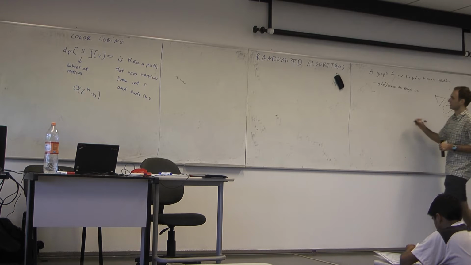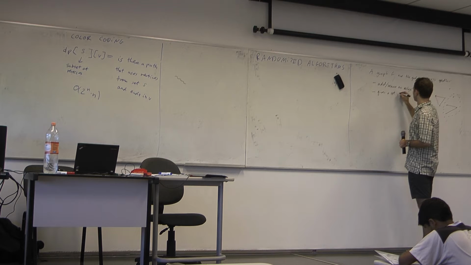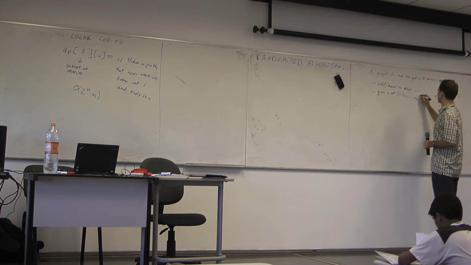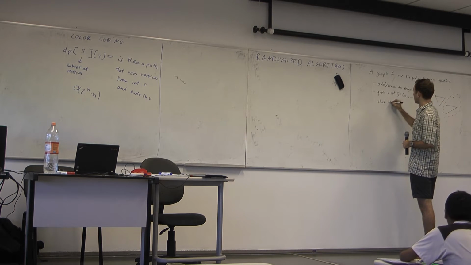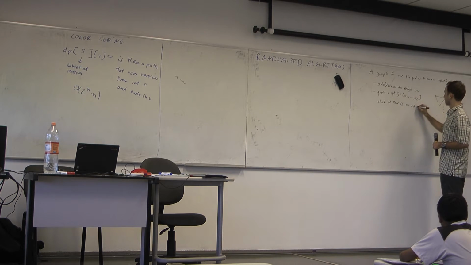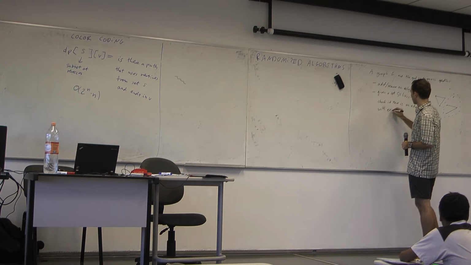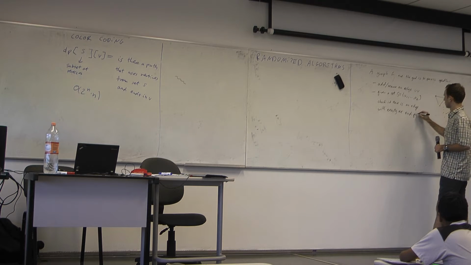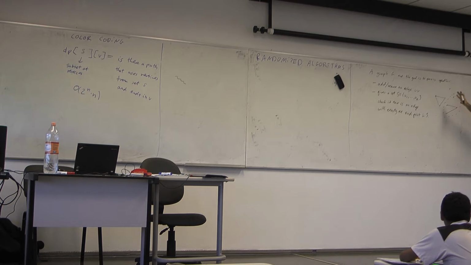And the second one is: given a set S of vertices, check if there is an edge with exactly one endpoint in S. Is it clear?